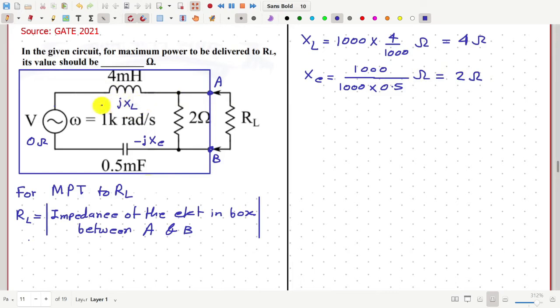So the inductor impedance is j4 ohm, and the capacitor impedance is minus j2 ohm.